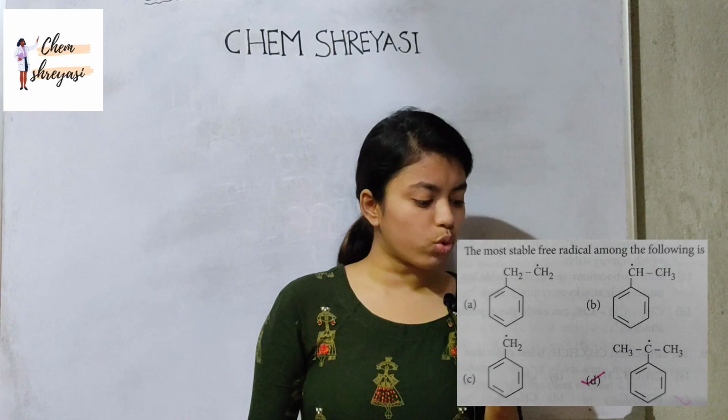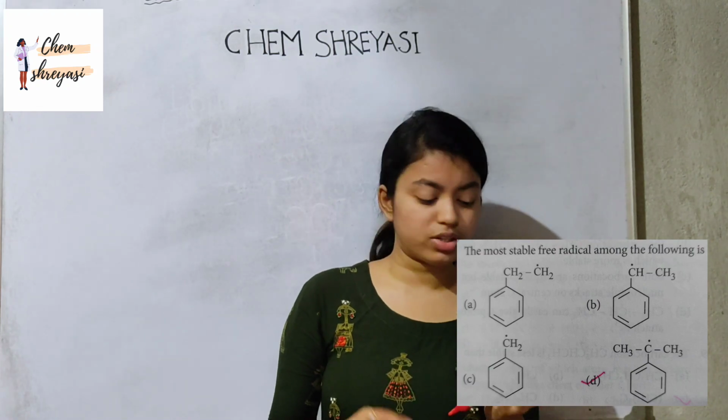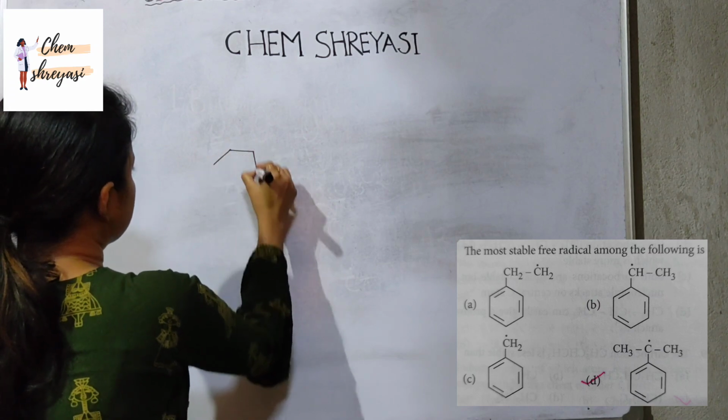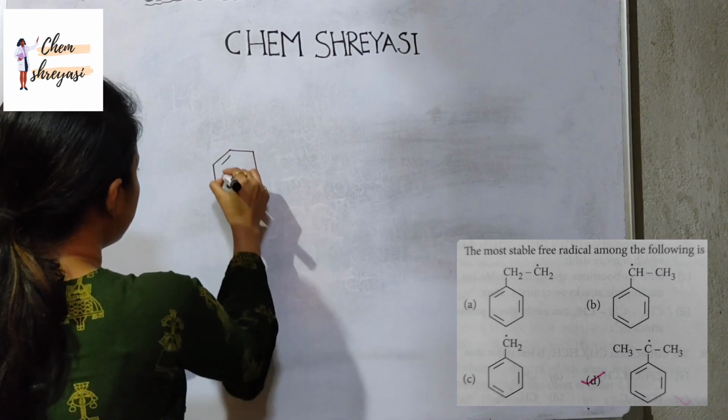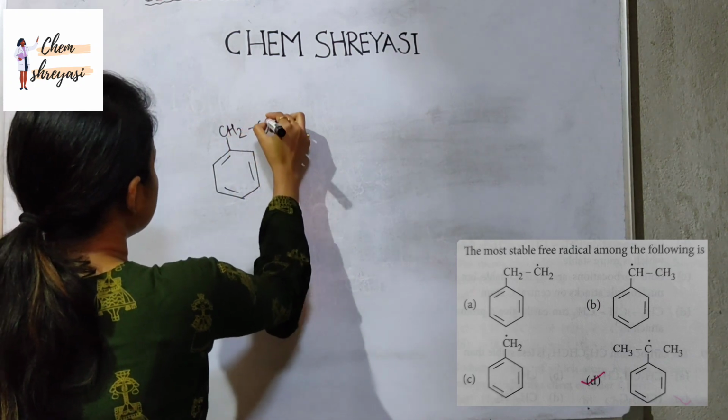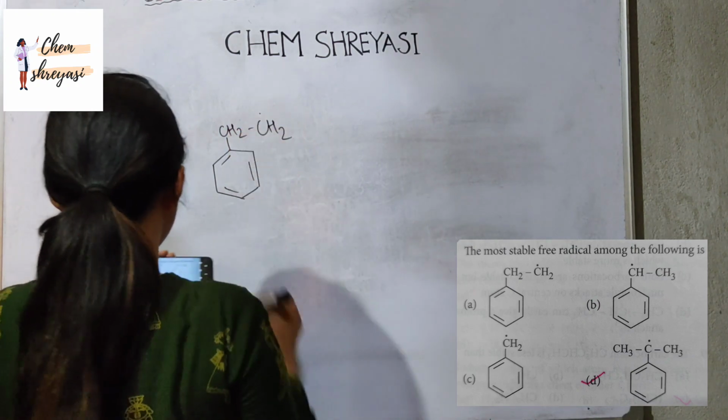Now in this case, the most stable free radical among the following. So there are 4 options. Let me write the 4 options. The first one is a benzene group, CH2 and CH2 dot.